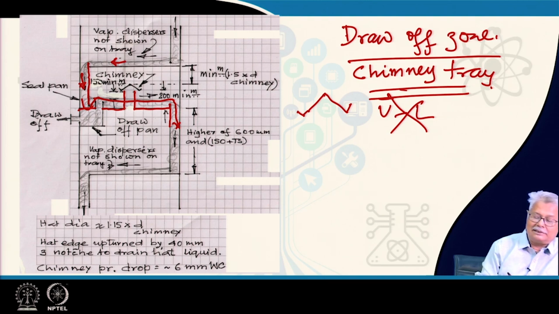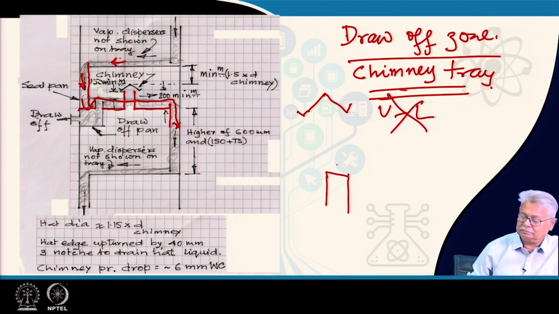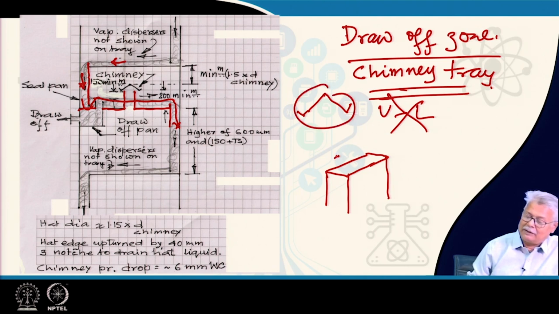And it is not essential that it will just be a circular chimney. This chimney could also be something like this. It could have a rectangular cross section also, on which you could have a hat which will be possibly either this type, or you can have the other type also, which is drawn in the next diagram.